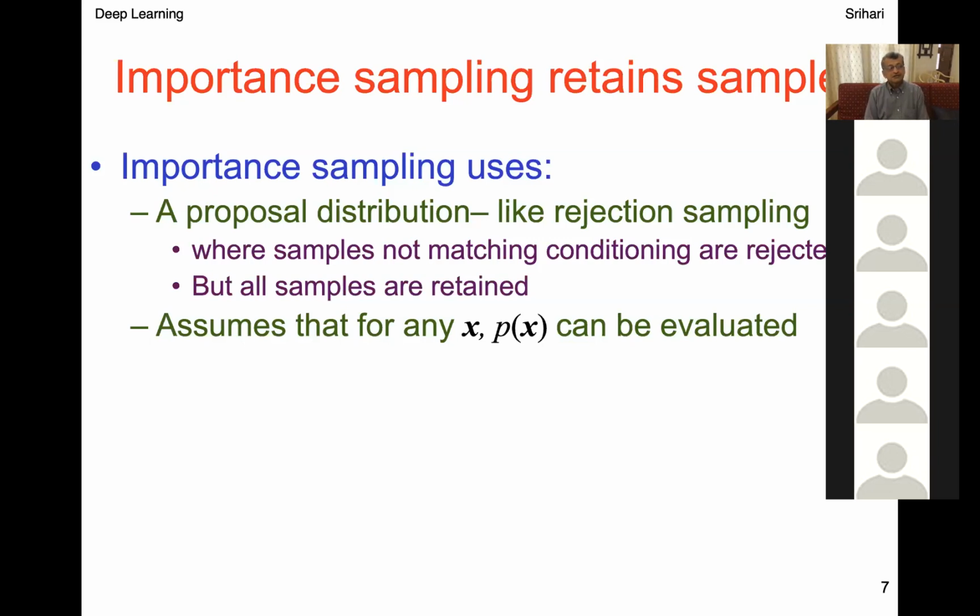And we are saying, no, this is not a good sample, or associate a weight with it. Some people have more weight and some people have less weight. And how do you determine the weight? It is determined by the original distribution from which you generated samples and the true distribution. That's what importance sampling is about.